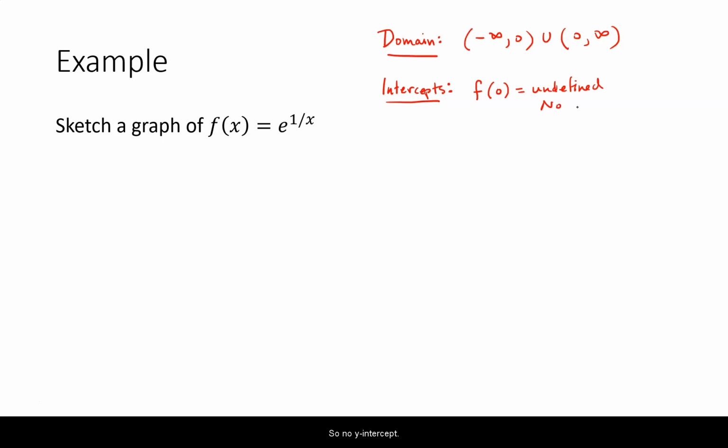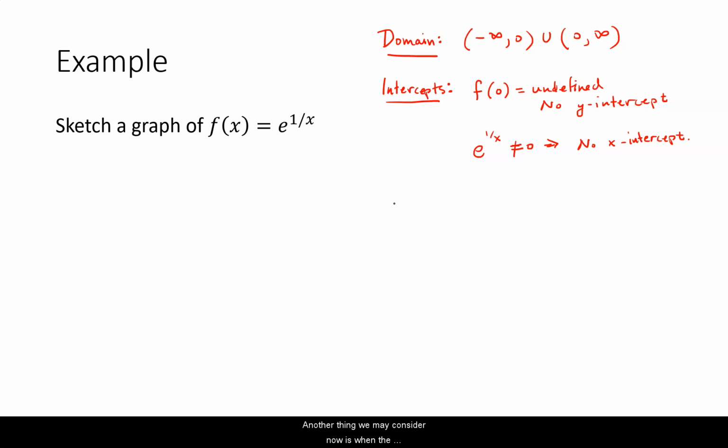So no y-intercept. And we also notice that e to the 1 over x is never going to equal 0. So there's no x-intercept. Okay, so that's actually interesting, because now we can think about how we can sketch the graph when there's no intercepts.